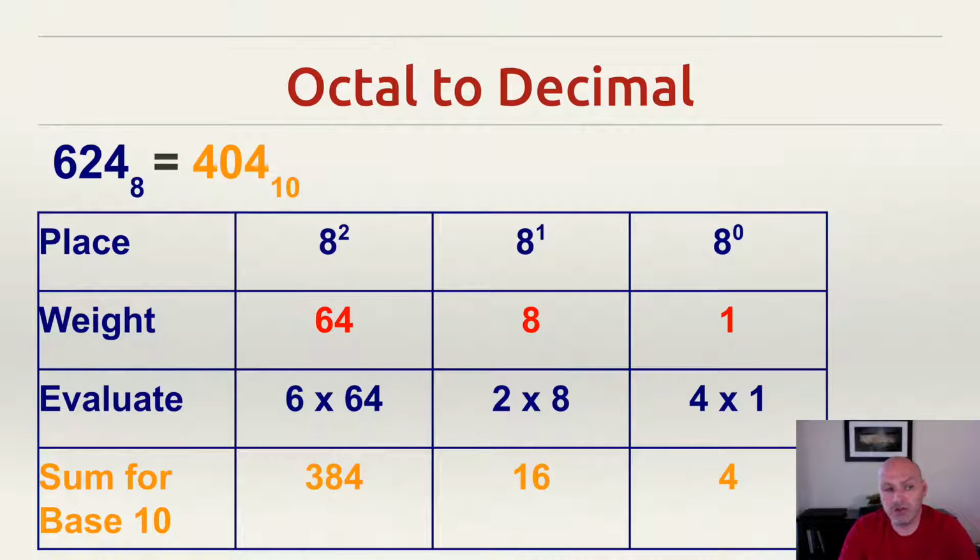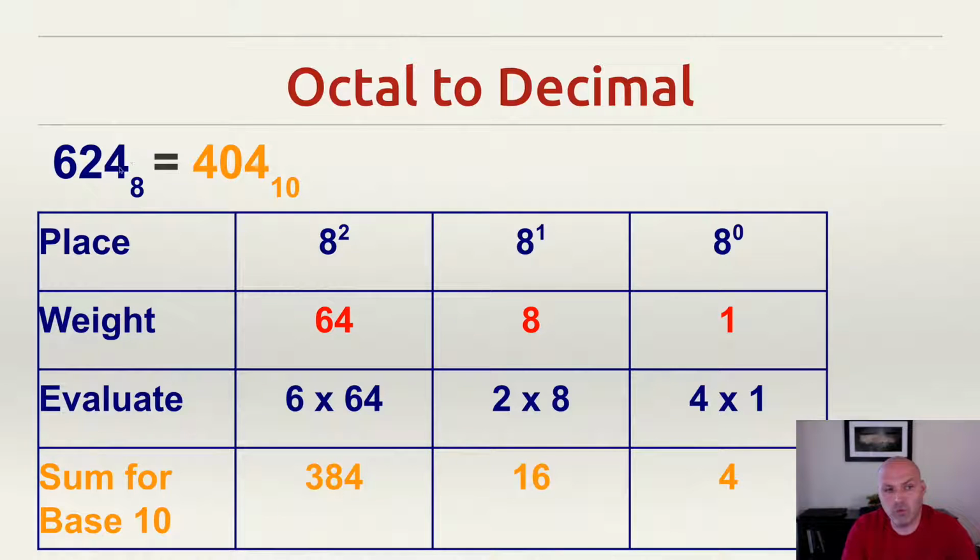Let's take the octal number 624 in base 8 and we want to convert it to base 10. What we do here is, just like we did in binary, we use a place that has the radix, or the base, to the power of 0, 1, 2, increasing as we go up in places. So 8 to the power of 0 is a 1.